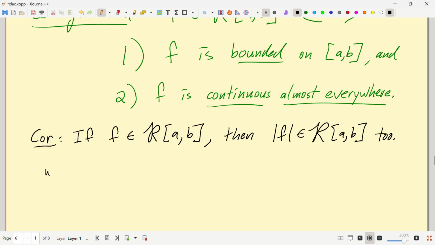So here's why. Absolute value of f is continuous wherever little f is. And so if f is continuous almost everywhere, then so is the absolute value of f.